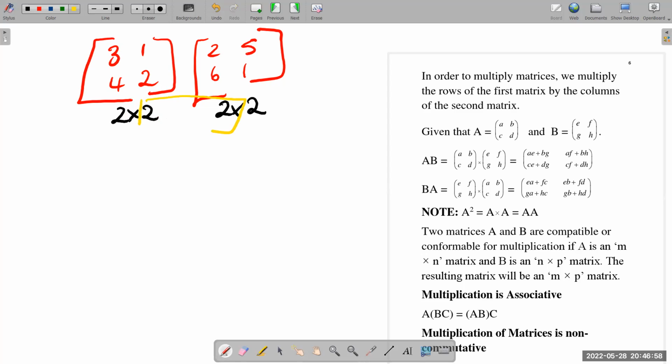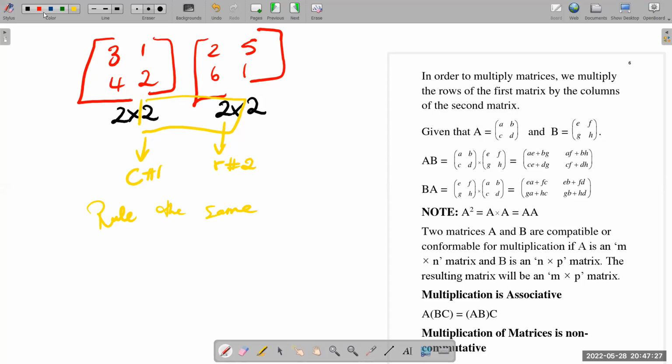These two inner numbers must match. What do they represent? This number represents the column of the first matrix, and this number represents the row of the second matrix. So essentially, what's the rule? The rule for two matrices to be multiplied is that the column of the first matrix and the row of the second matrix must be the same. Everybody remember that?